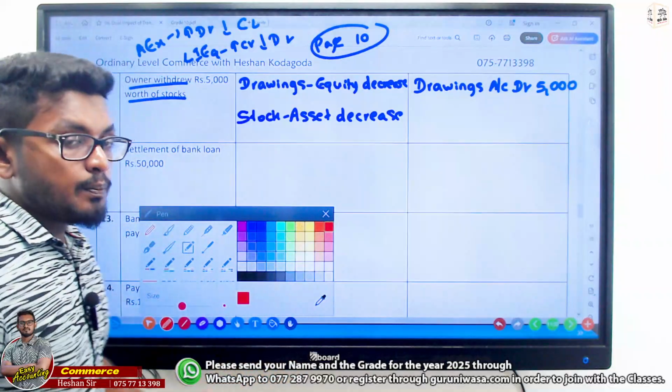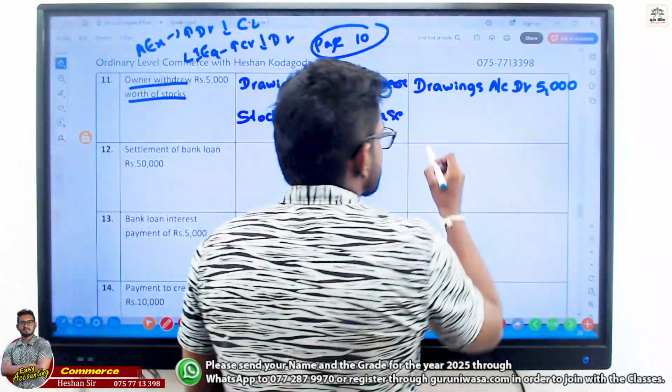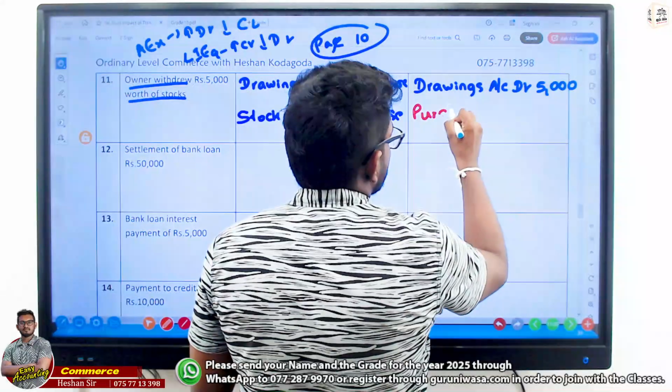Now I told you when the owner withdrew, the credit entry is not the sales account. What is the credit entry?